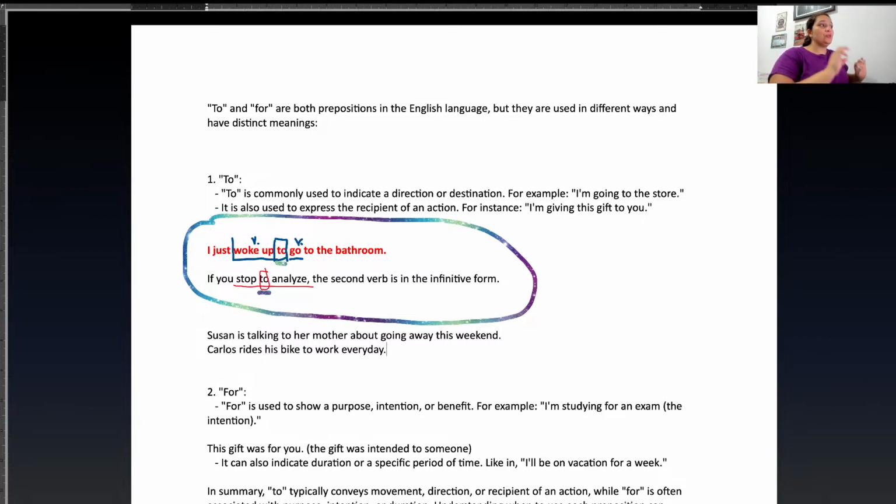It is also used to express the recipient of an action. Okay, so pay attention to this example here. I'm giving this gift to you. Ok? Nesse caso, eu estou expressando o receptor dessa ação.